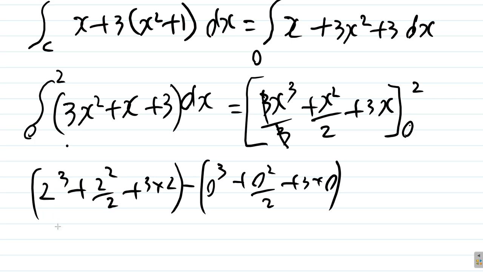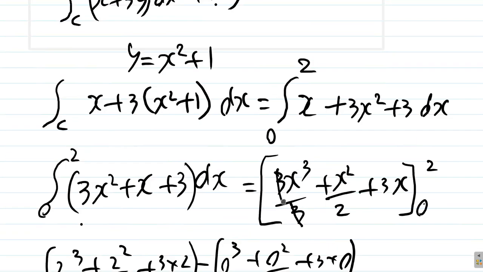So 2 cubed is 8, plus 2 squared over 2 is 2, plus 3 times 2 is 6. So 8 plus 2 is 10, plus 6 is 16. Alright? So the answer is 16.